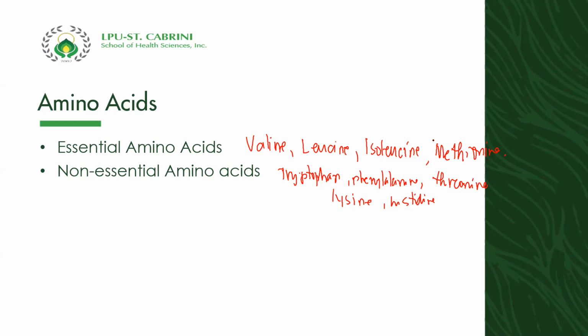These are our essential amino acids. The rest are non-essential amino acids. Again, non-essential amino acids are derived from our essential ones, and usually, essential amino acids come from our dietary sources.